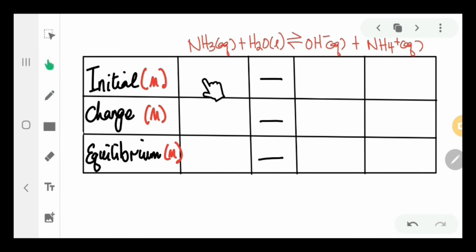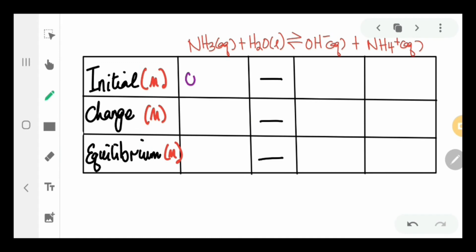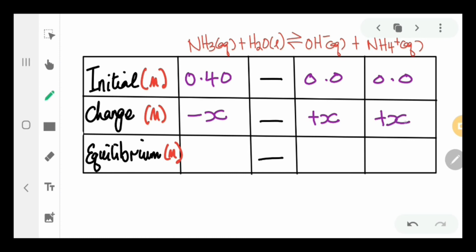What is the initial concentration of ammonia given to you? The initial is 0.40. We don't have the products yet in the beginning. For the change, we look at the balanced equation. You have 1 mole of NH3, therefore negative X for the change. You have 1 mole of OH minus, therefore plus X. This one is also plus X. And at equilibrium, 0.40 minus X.